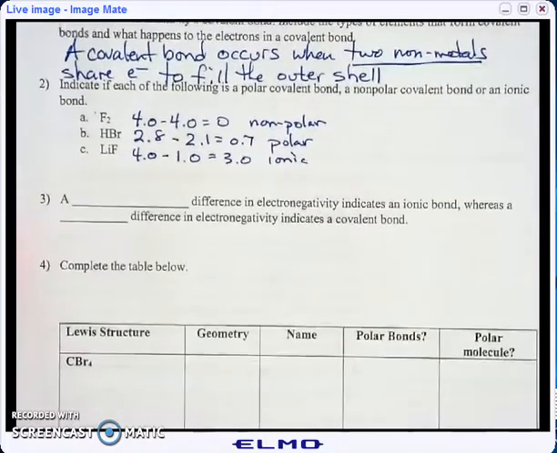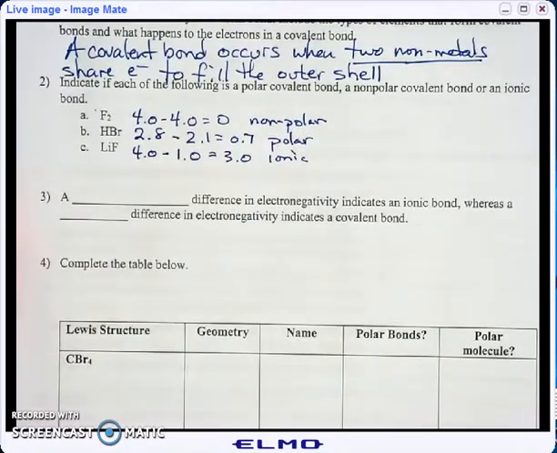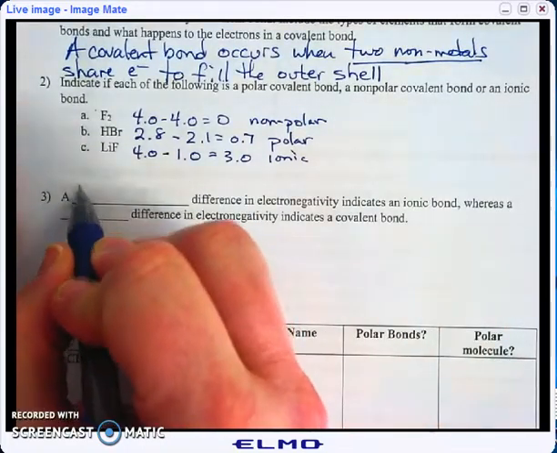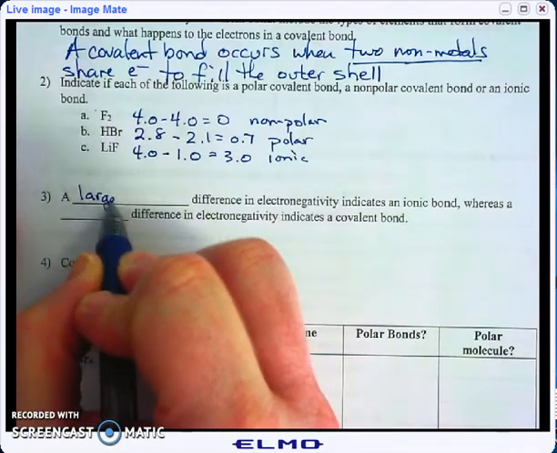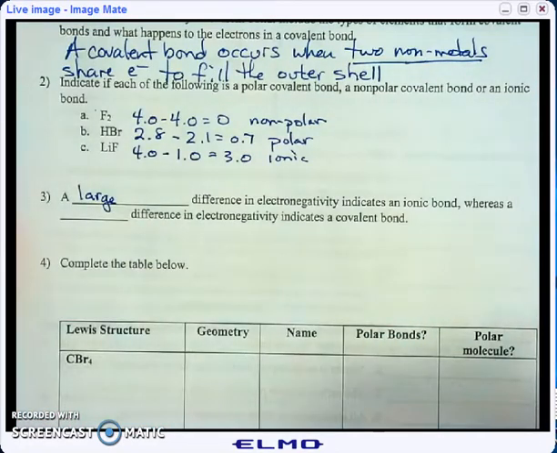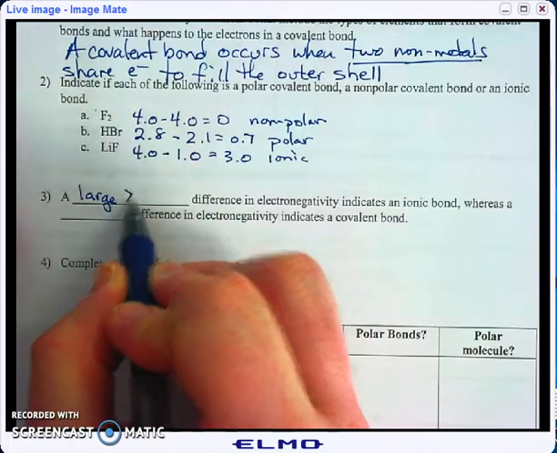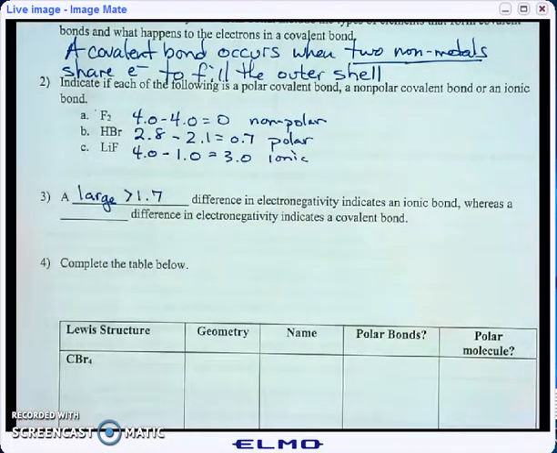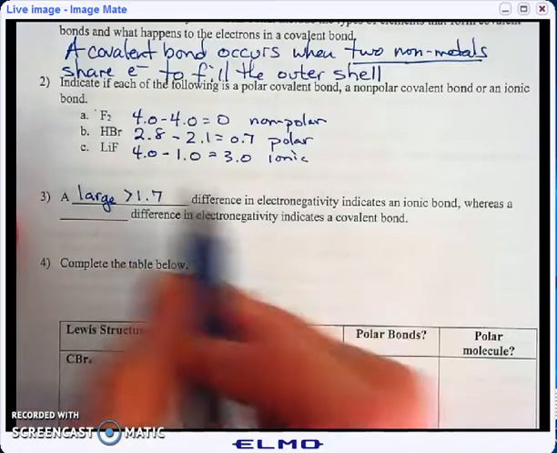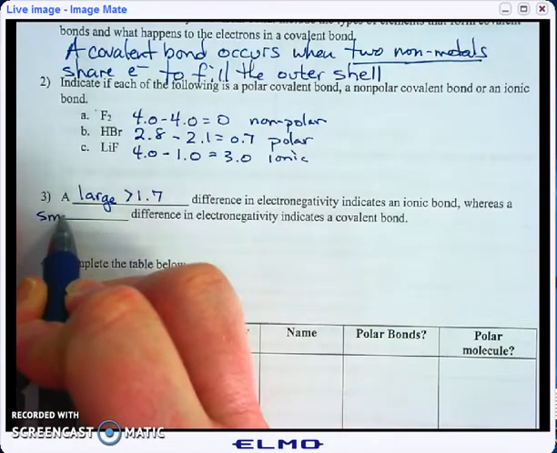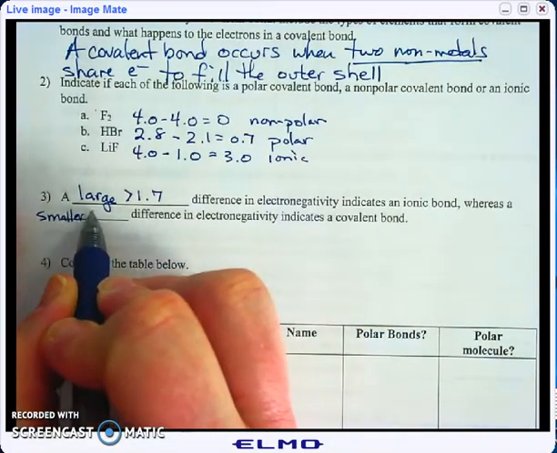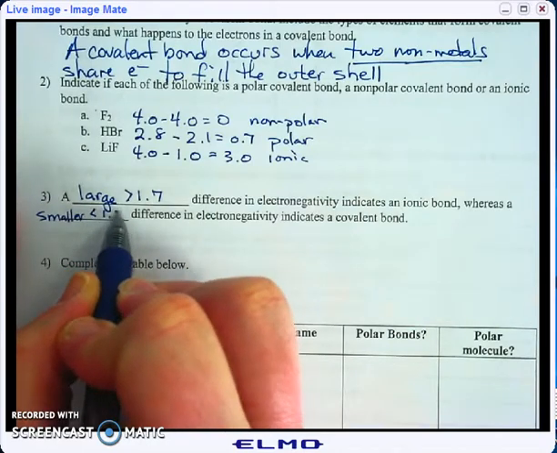Okay, number 3, what difference, Raymond? How big? Larger than 1.7, right? Greater than 1.7. Whereas a smaller difference, shall we say, less than 1.7.